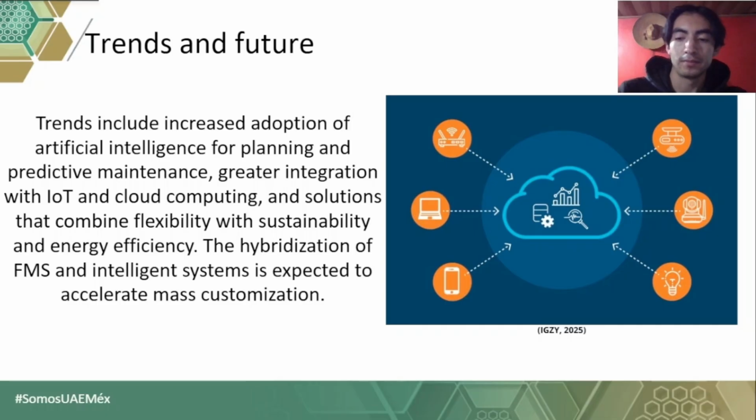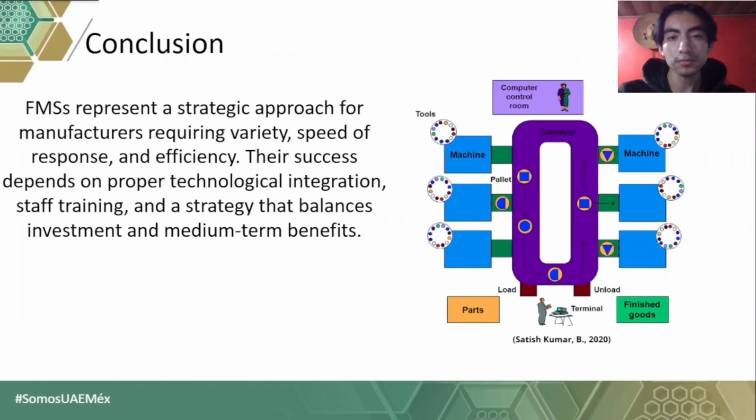Conclusions. The flexible manufacturing system is a strategic imperative for any modern manufacturer requiring variety, speed of response, and constant quality in a competitive market. However, success hinges on two critical factors.